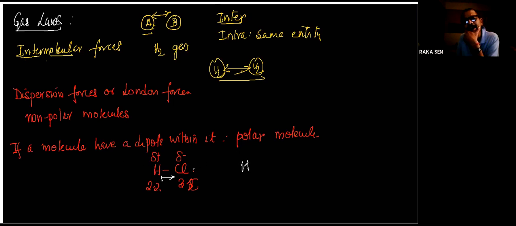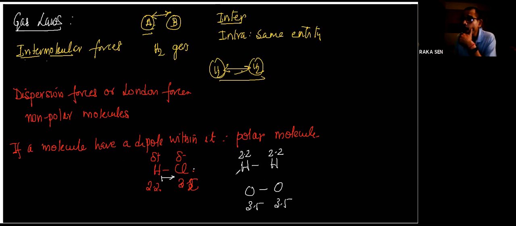Whereas, say for example, I take hydrogen, or say for example, I take oxygen. Out here it is 2.2 and out here also it is 2.2. Or this is 3.5 and this is 3.5. So there is no question of charge separation because the electronegativity values are the same.